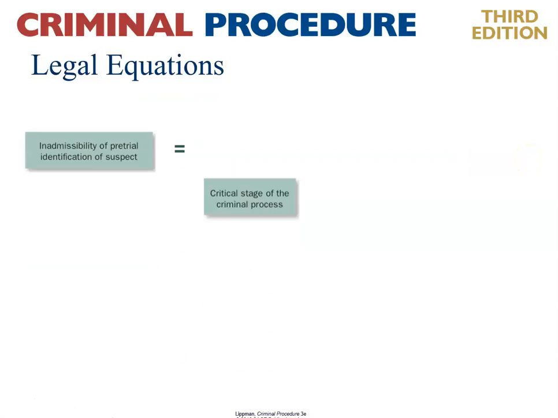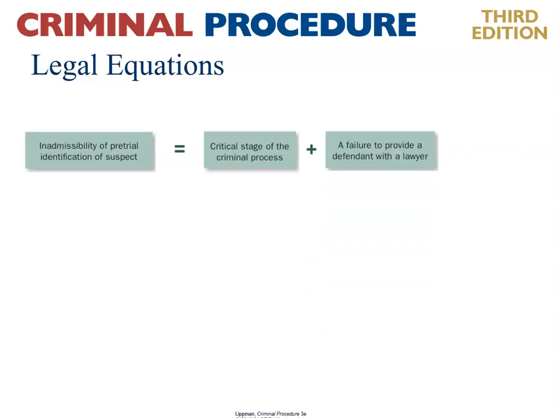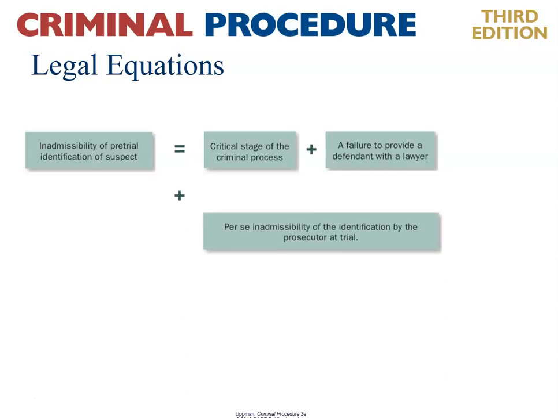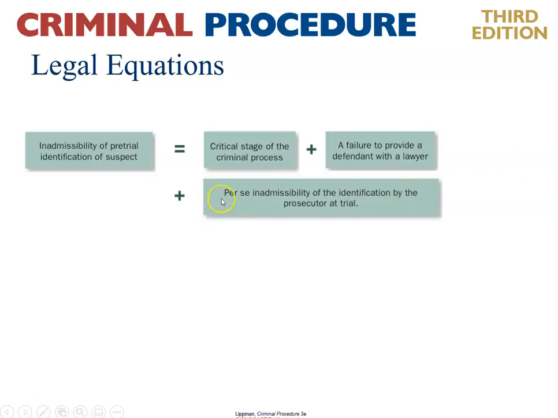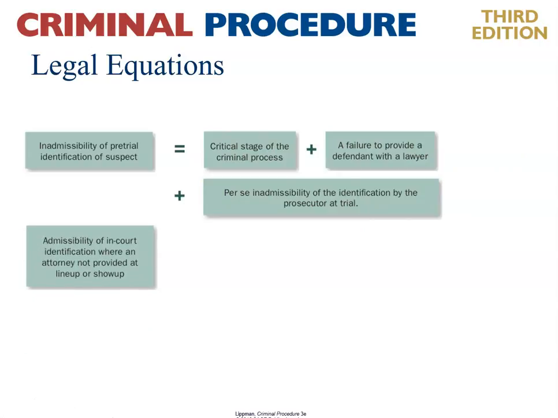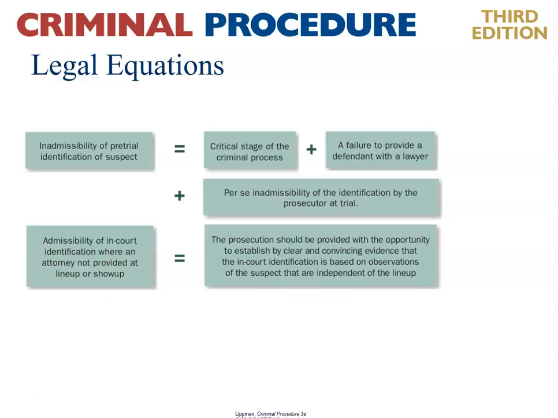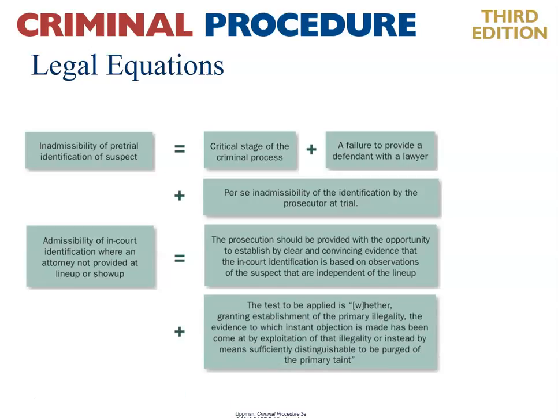And then here we have the inadmissibility of pretrial identification of a suspect, meaning that maybe the person wasn't entitled to an attorney. And then here the admissibility of in-court identification, where an attorney was not provided, where there was no lineup or show-up. So a couple of legal equations for you to look at, and it gives you the test and everything else.